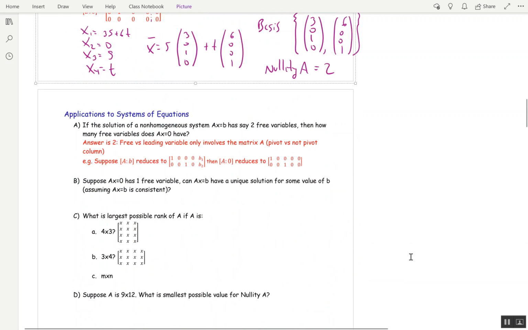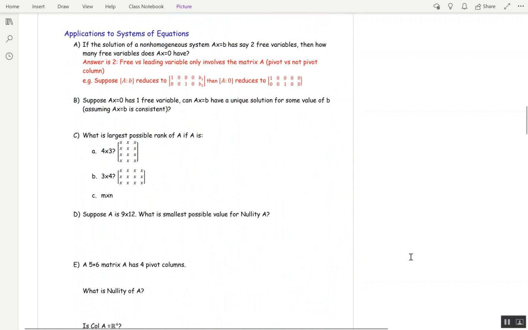Okay, now some thinking problems. The first one I've already answered for us. The first one just points out that whether you're talking about AX equals B or AX equals 0, free versus leading variables will be the same. So if AX equals B has 2 free variables, that means that when you reduce the augmented matrix A with B, there will be 2 non-pivot columns, in this case here and here.